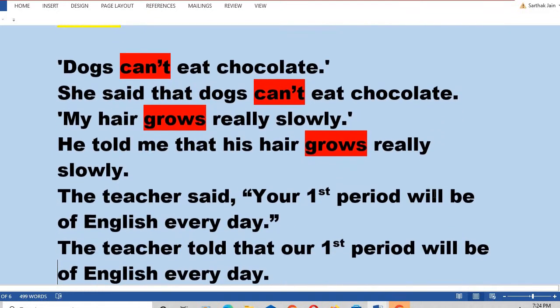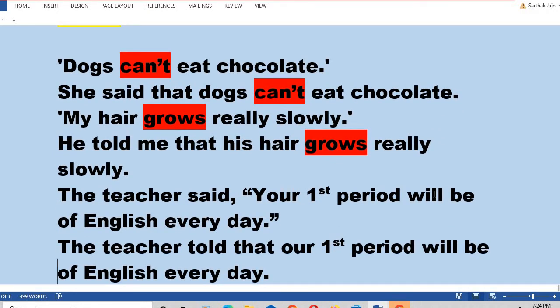For example, this is a fact, a general truth. Dogs can't eat chocolates. Now this was the direct speech. Now I have converted it into indirect one. She said that dogs can't eat chocolate.